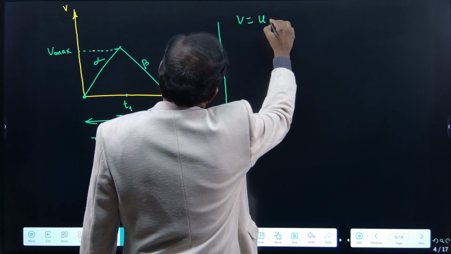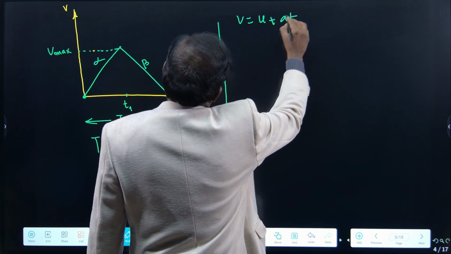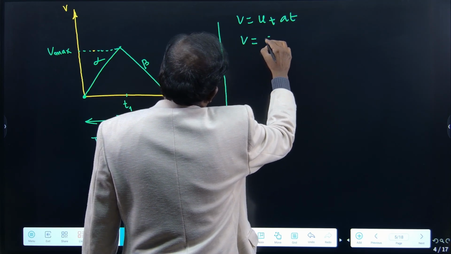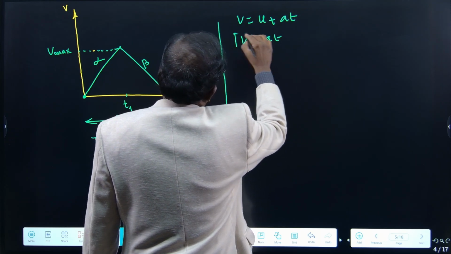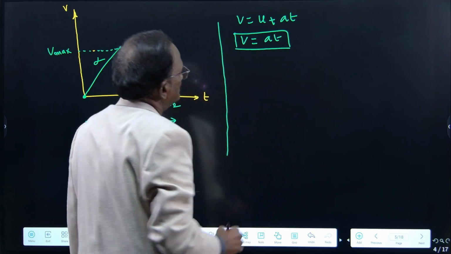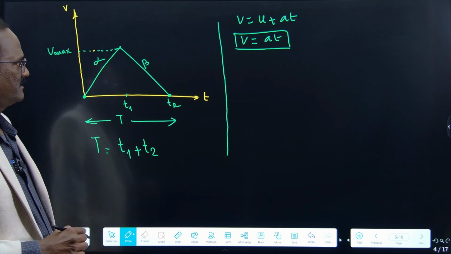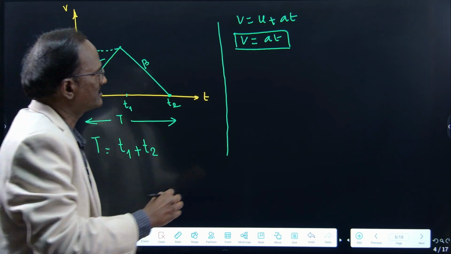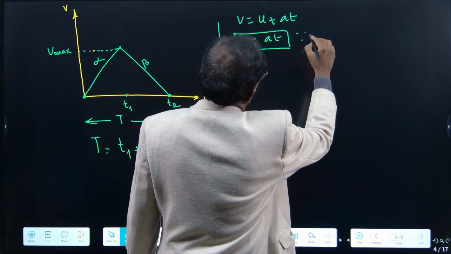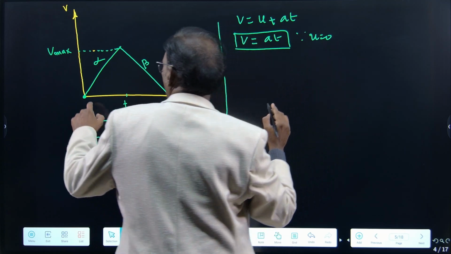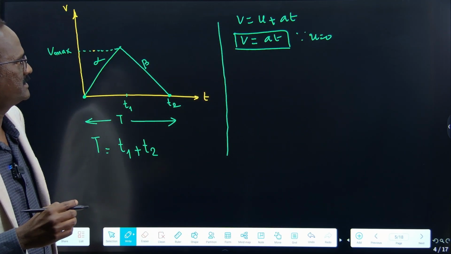V is equal to U plus AT. In this case, since U is equal to 0, V is equal to AT. So starting from rest, V is equal to AT.